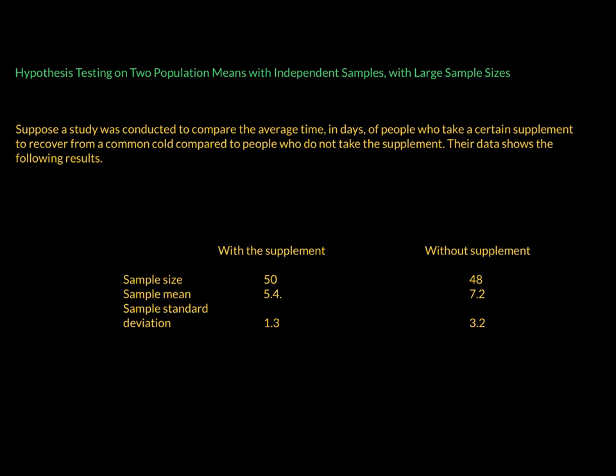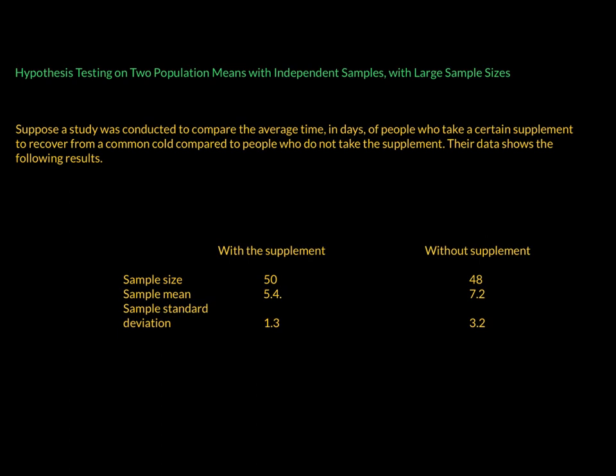So here we see information from a given study and according to the data that they have. This is about a study to compare the average time in days of people who take a certain supplement to recover from a common cold compared to people who do not take the supplement. So basically, what we want to see here is whether the supplement is effective.